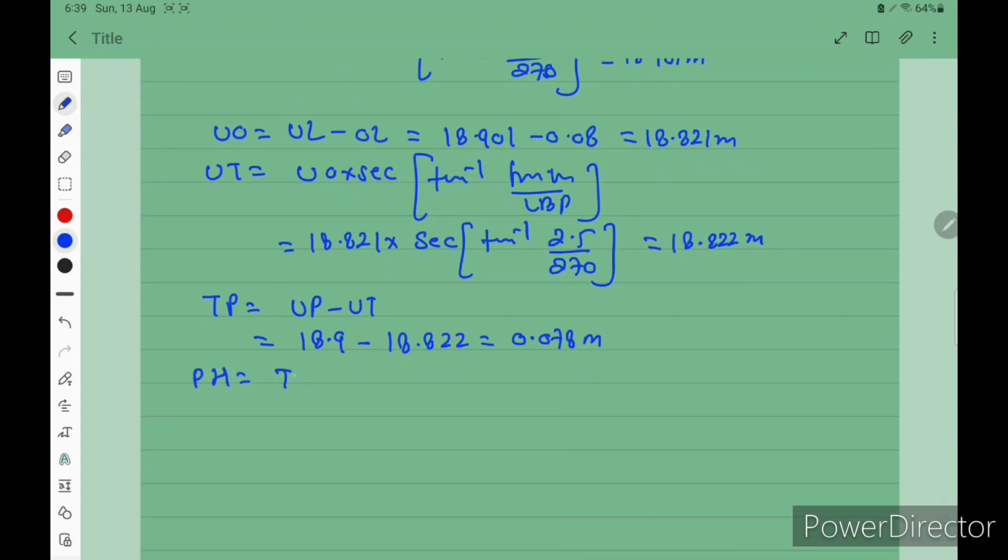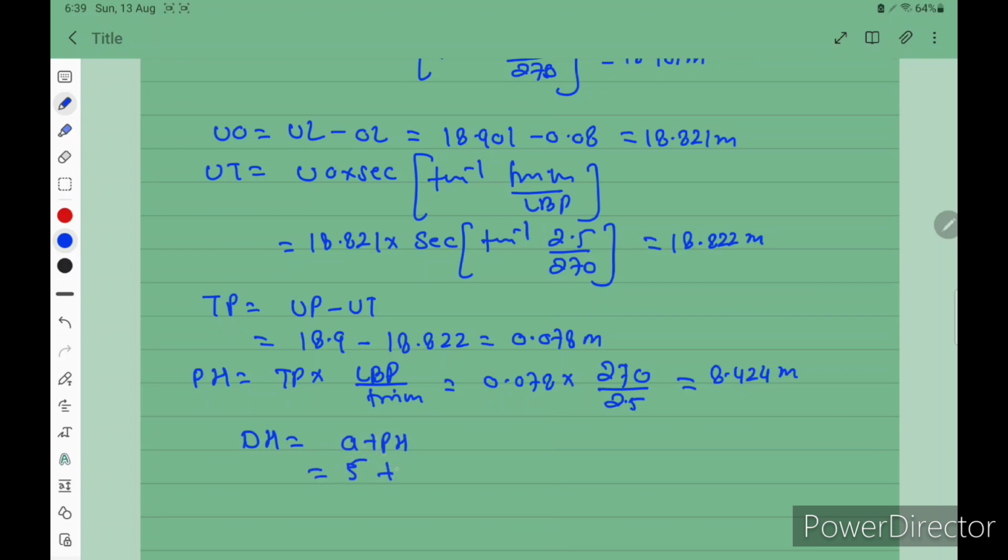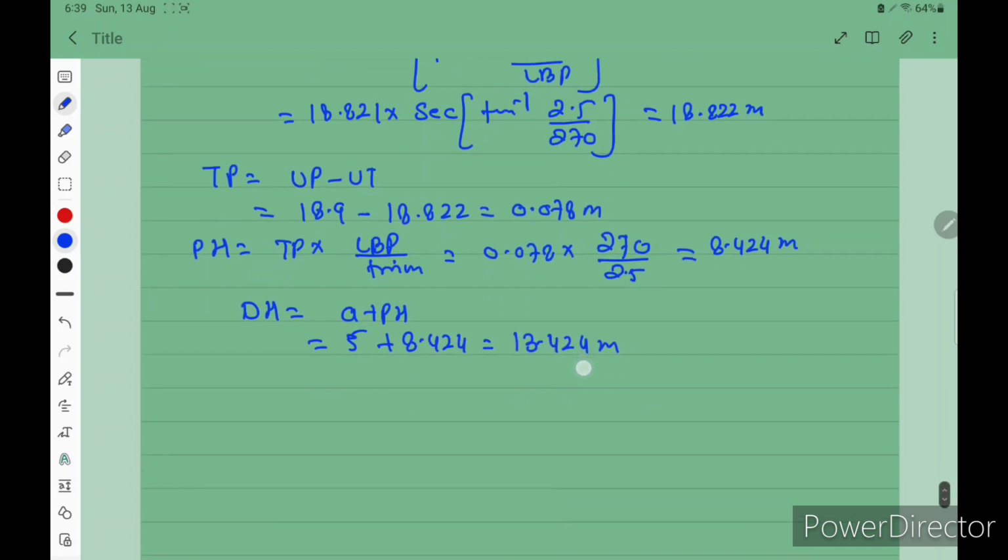PH is equal to TP into LBP divided by trim. So therefore 0.078 into 270 divided by trim 2.5, we get 8.424 meters. DH is equal to A plus PH. A is 5 and PH is 8.424. So we get 13.424 meters.